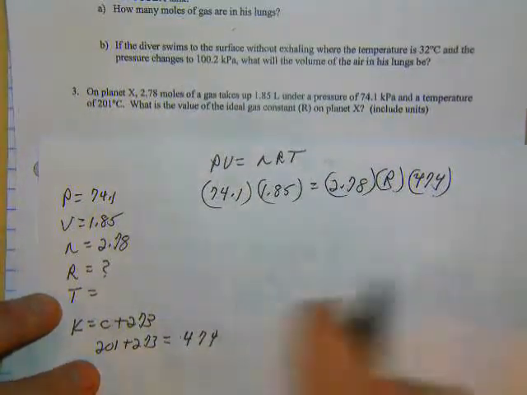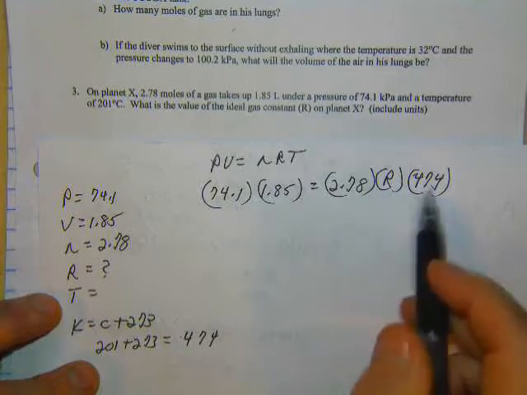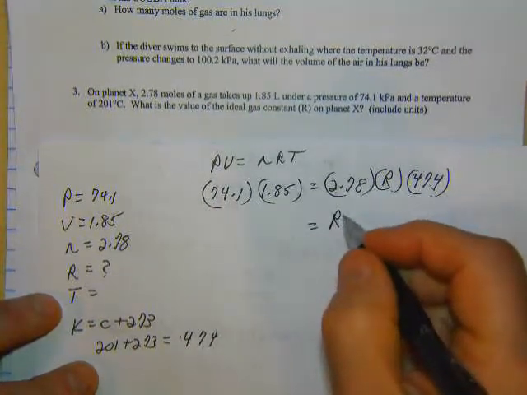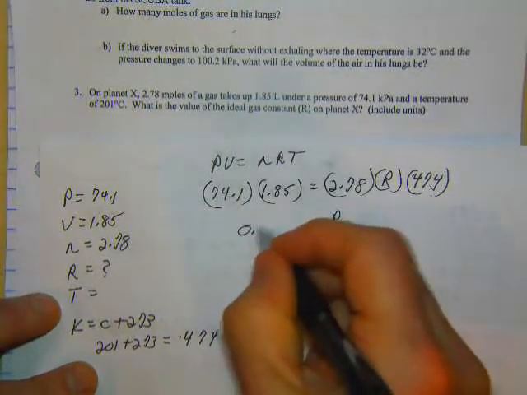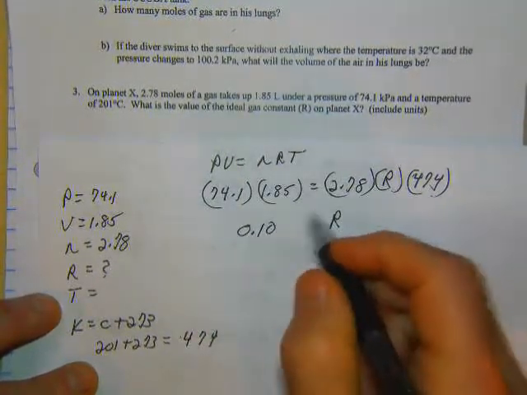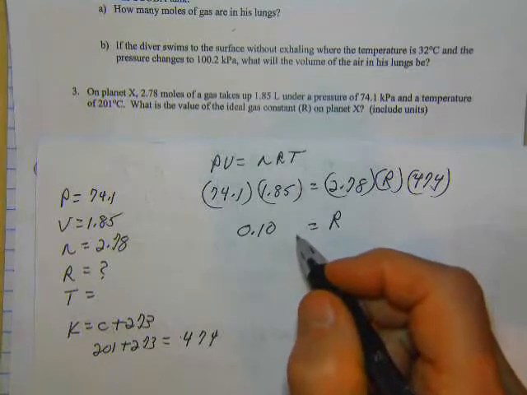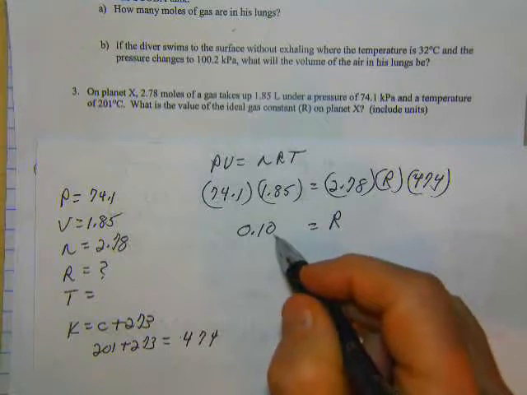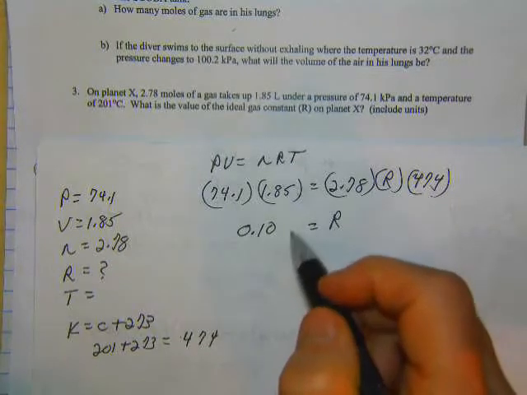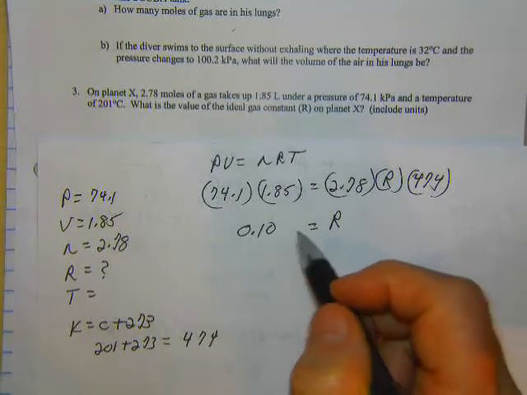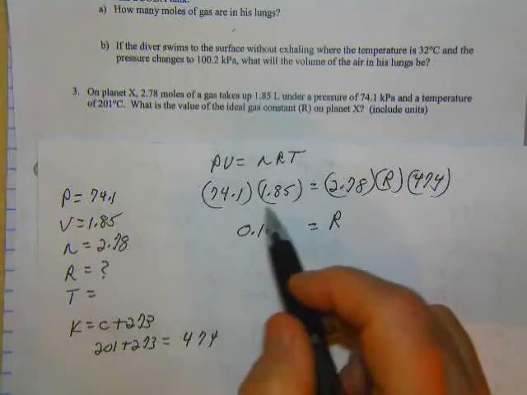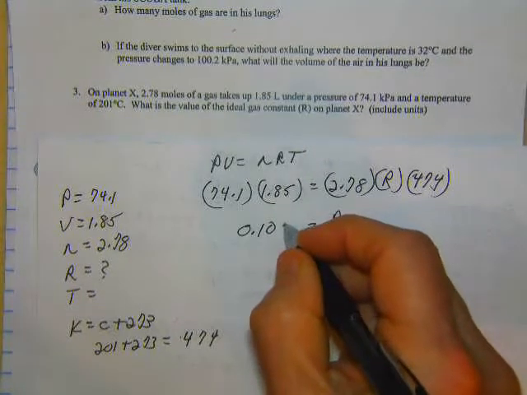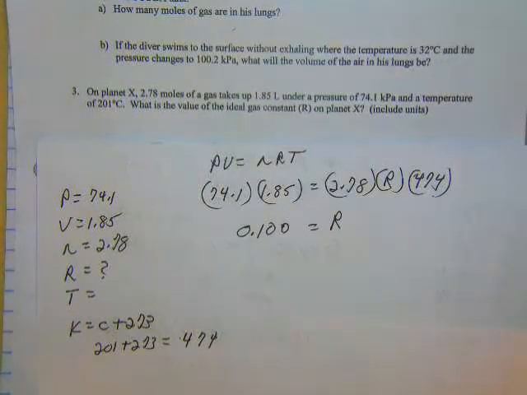So the math is pretty straightforward. Multiply these two, divide by this quantity here, and R comes out to be 0.10. You can go back and look up the units of that, but the gas constant is going to be 0.10. And for the number of sig figs, we've got 3, 3, 3, and 3, so we could say it's 0.100.